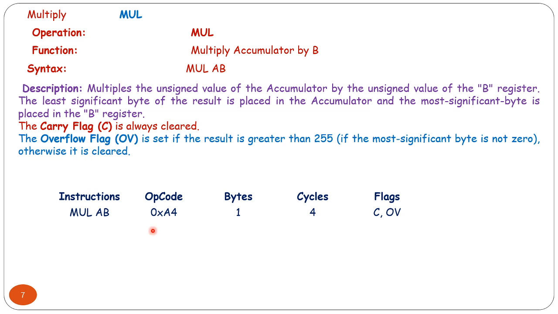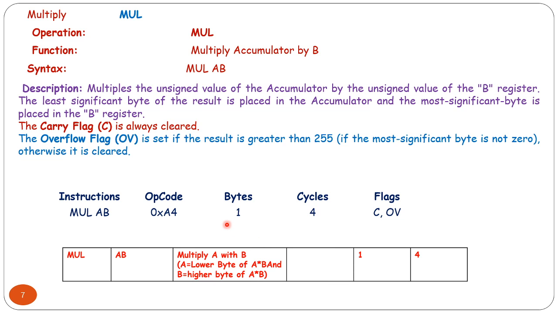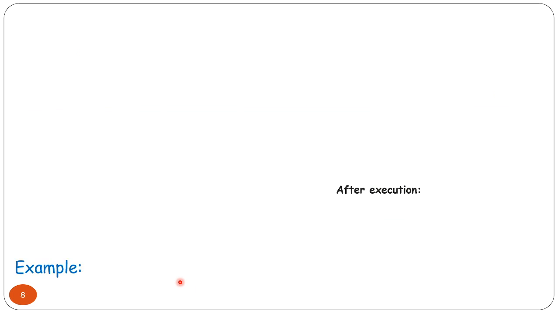So this instruction has operation code A4H and 4 machine cycles are required. Carry flag and overflow flag get affected, 1 byte instruction. So MUL AB, multiply A with B, lower byte of multiplication stored in accumulator and higher byte of multiplication stored in B register.